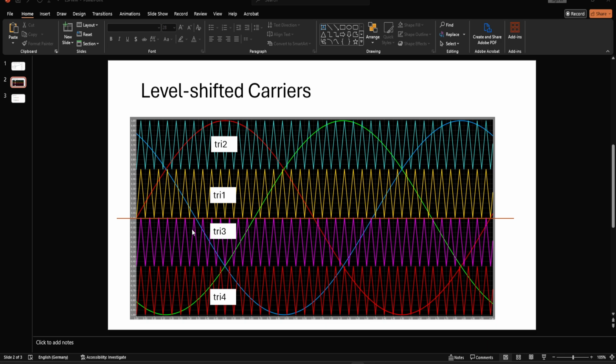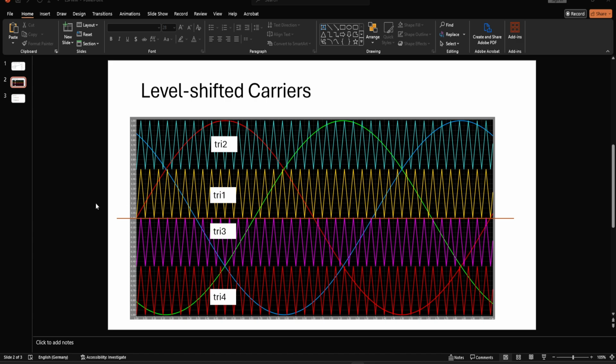For bridge 1, we need to consider the triangular waves that are adjacent to the 0 axis here. You see, I have shown you this axis. So here is the 0, and it goes toward the positive y direction until 1, and to the negative y direction until negative 1. So for the H-bridge H1, we need to consider these 2 carriers which are adjacent to the 0 axis.